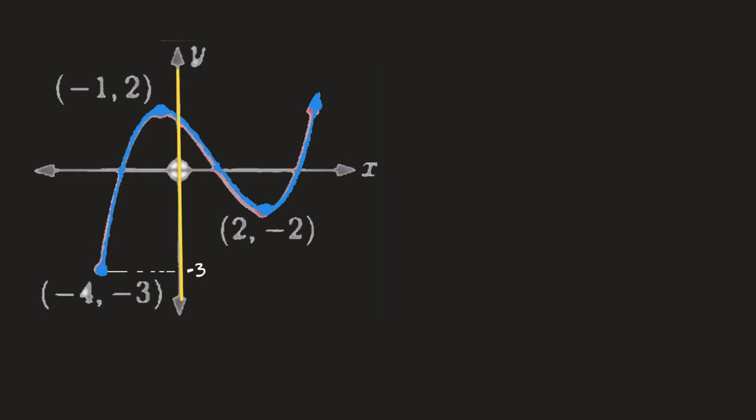So our values of y will be everything from minus 3, including minus 3, all the way up to infinity. This means that y has to be greater than or equal to minus 3. So we'll just write y is such that y is greater than or equal to minus 3.